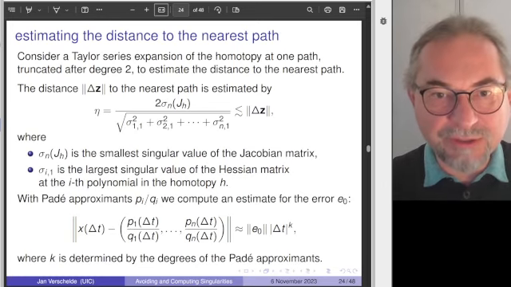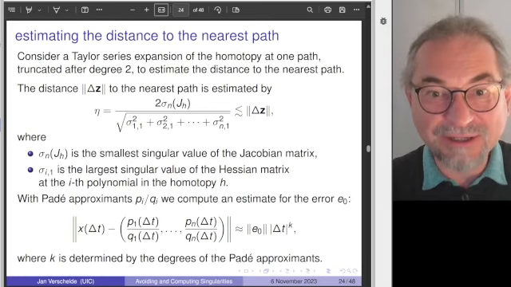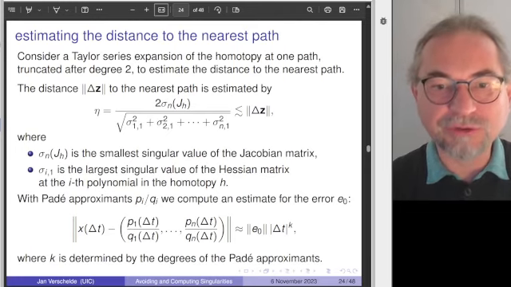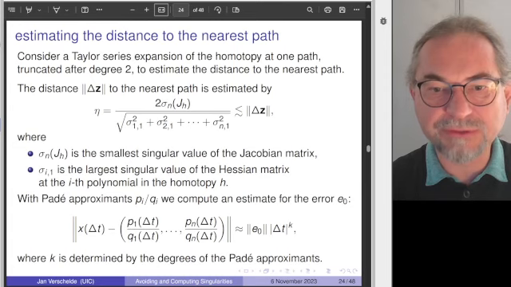So what we are doing is n+1 singular value decompositions to get this estimate here. And this estimate also gives an estimate for the step size using the Padé approximant, depending on the degree of the Padé approximants that we are using.